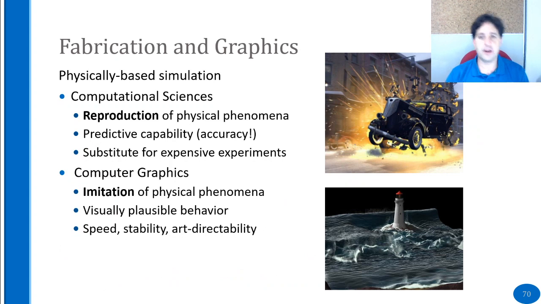Otherwise, we will generate a non-safe car. But when talking about graphics, it's more about imitating physical phenomena and having these simulations faster and more controllable and more stable, rather than more accurate.